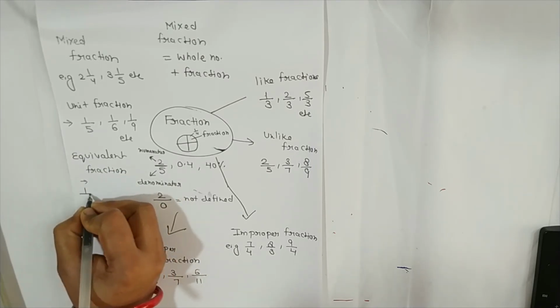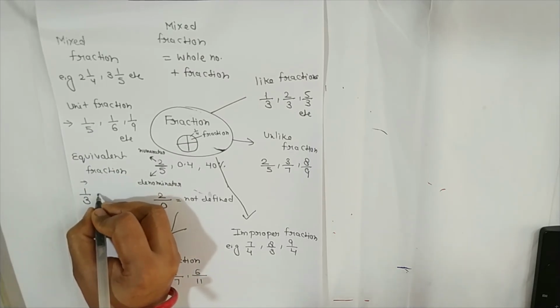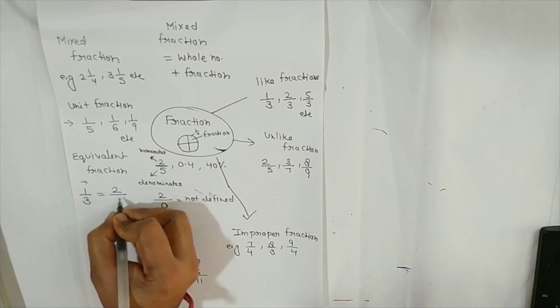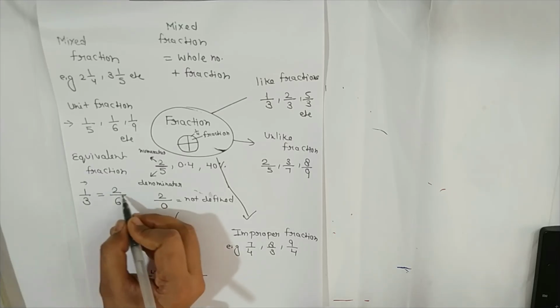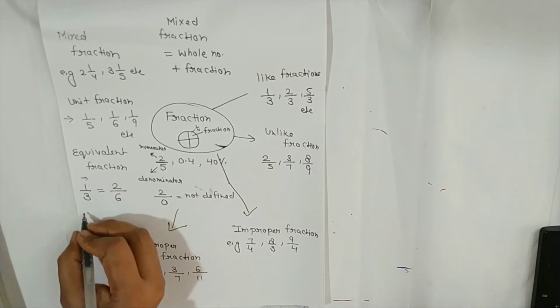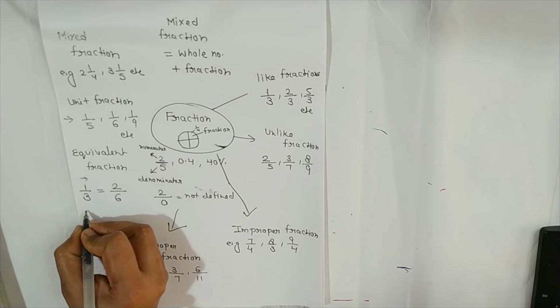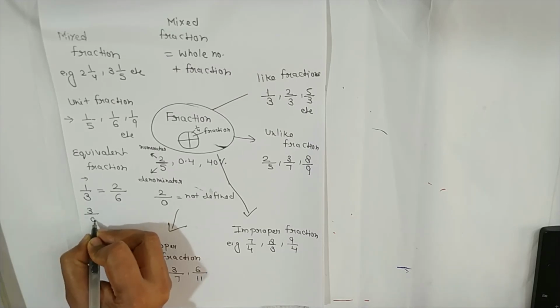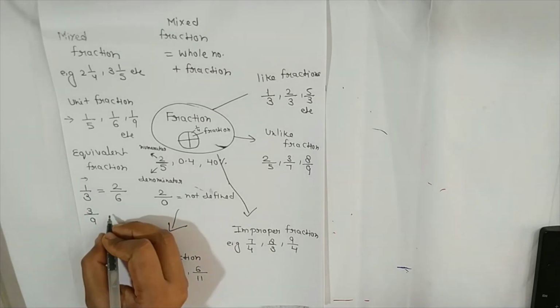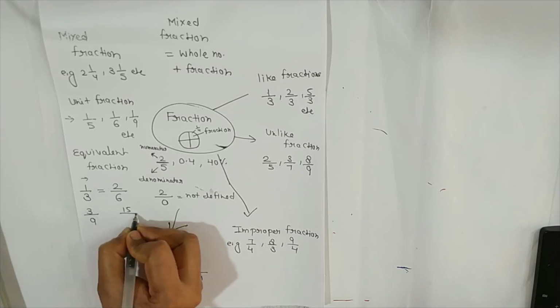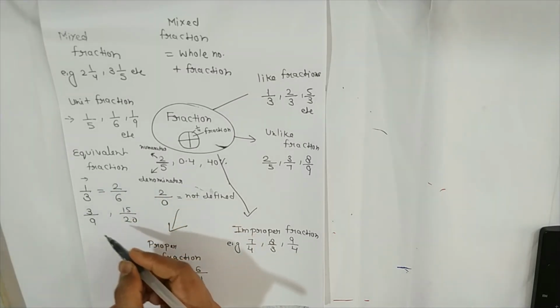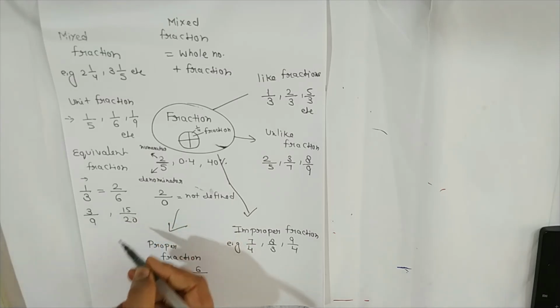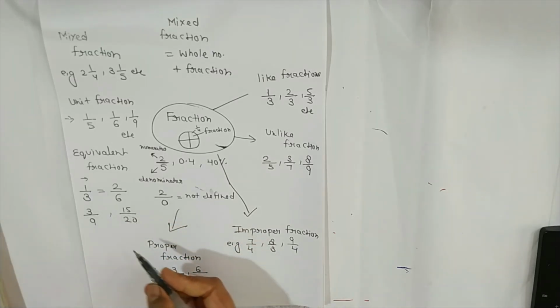Suppose 1 upon 3 is equal to 2 upon 6. If I multiply by 2 in the numerator and denominator, we will get 2 upon 6. Then multiplying by 3, so 3 upon 9. Then 15 upon 20. So 1 upon 3, 2 by 6, 3 by 9, and 15 upon 20 are called equivalent fractions.